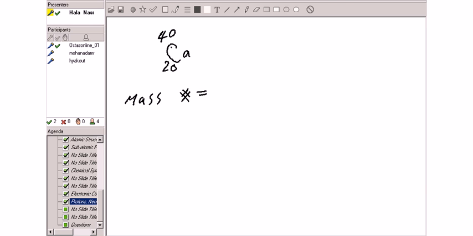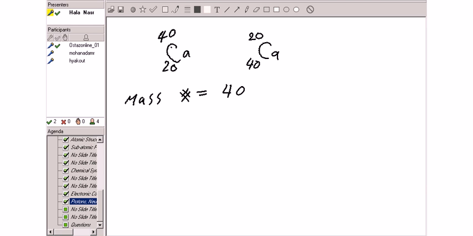Yes, how did he know it's the 40? Why not the 20? I can write it this way, I can write some periodic tables this way. Because it is the bigger one. Excellent. So because it's the bigger one, the mass number is 40.